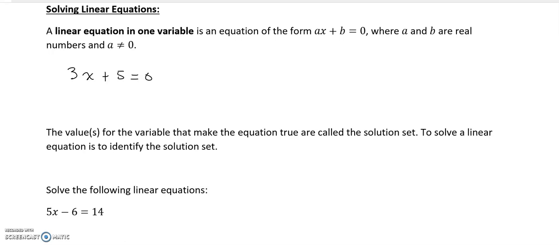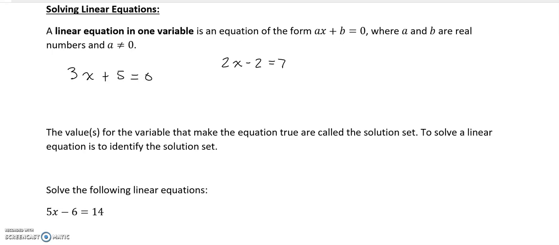Another example that doesn't look like this form of a linear equation in one variable would be 2x minus 2 equals 7.